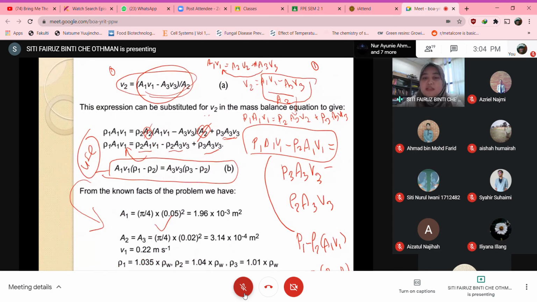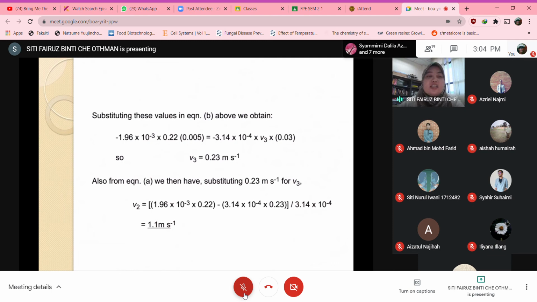Because there are two, one 5 cm and one 2 cm. So substitute all the values you have calculated, and then you will get the final version for V3 and also V2.